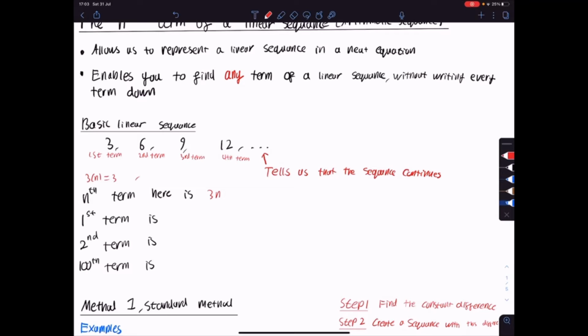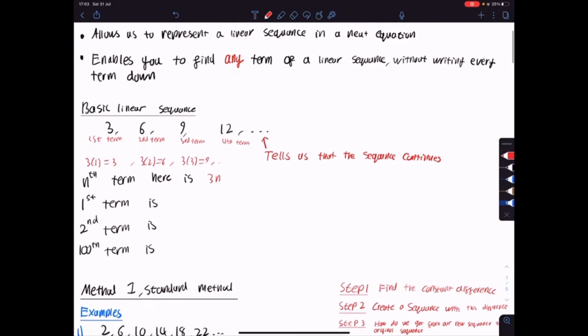If we want our second term, we substitute in n equals 2, and we get 6. If we want our third term, we substitute n equals 3, and we get 9. So you get the idea. So we can get our original sequence back using the nth term.